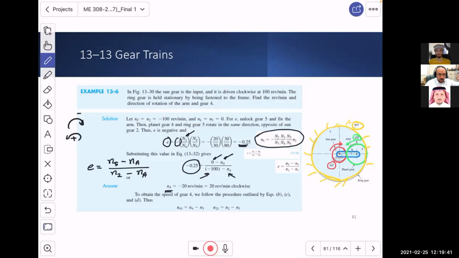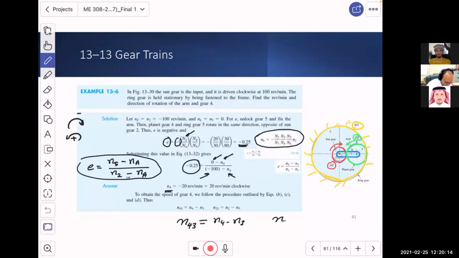Now, the next step is to find the next requirement. The next requirement says we want to find the RPM for gear number 4. And what did we do? Using the same argument we did to establish this relation, we said the relative RPM between 4 and 3 is equal to N4 minus N3.